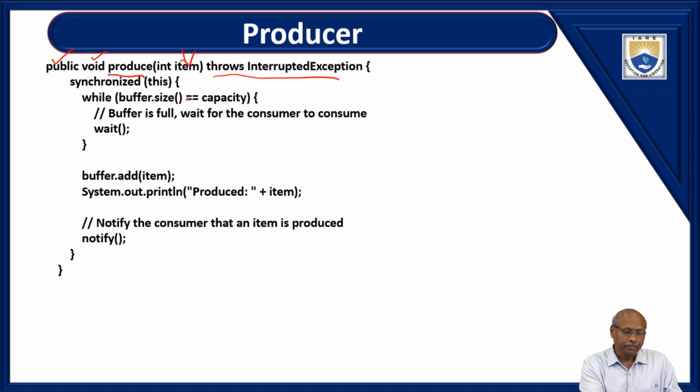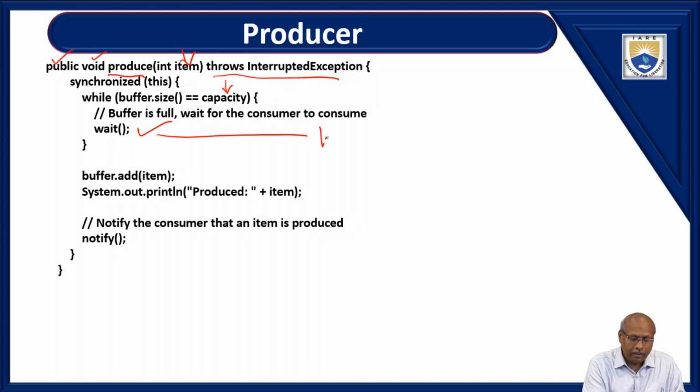Here I will check what is my buffer size and what is the original capacity. If the buffer size is equal to the original capacity, then I don't have place to store. If you do not have a place to store, then you have to go to the waiting state. As long as the buffer is full, the producer has to go to the waiting state only. That's why I wrote wait here.